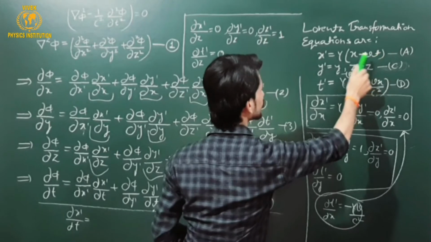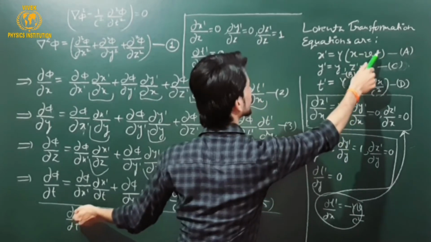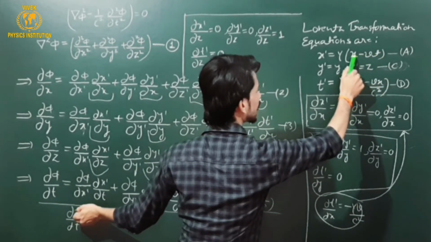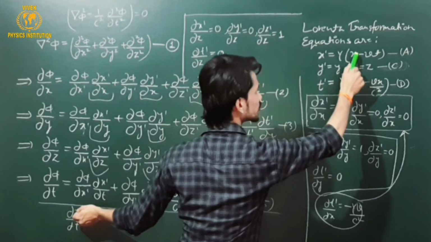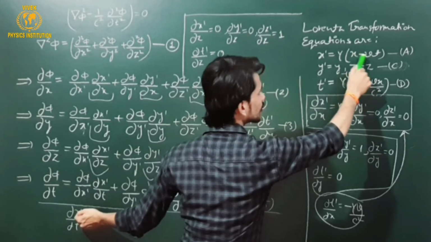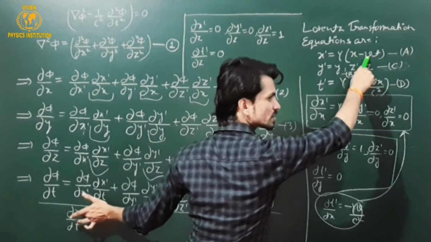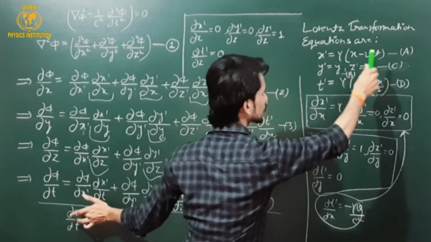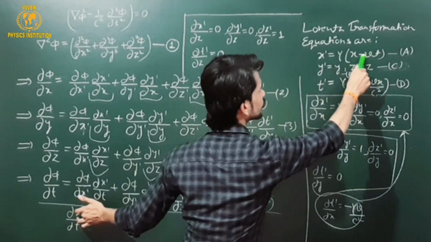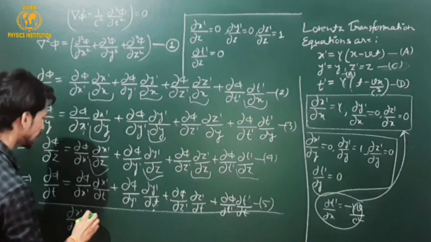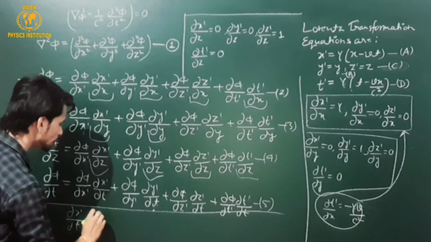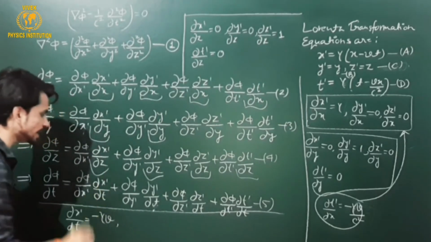This factor will be 0 because it is independent of t. This factor will be treated as constant and the differentiation of t will be 1. So I will get only gamma into minus v, or minus gamma v.